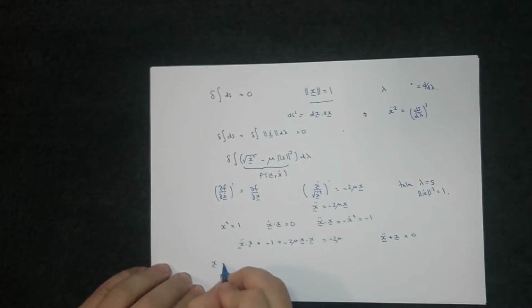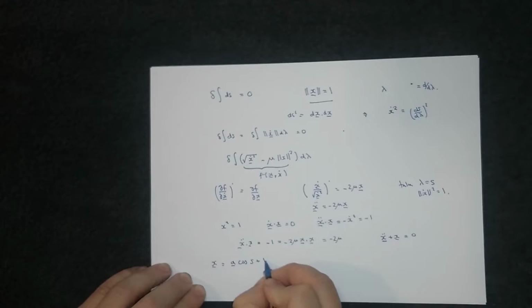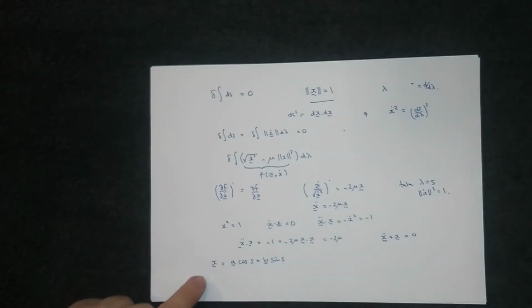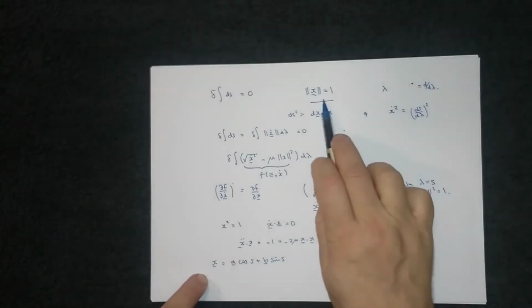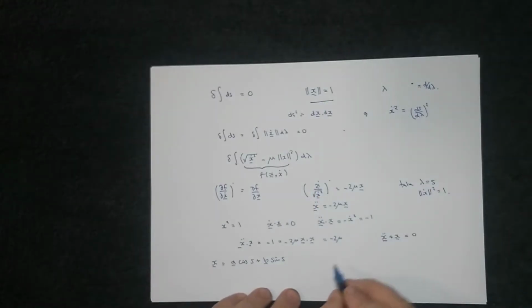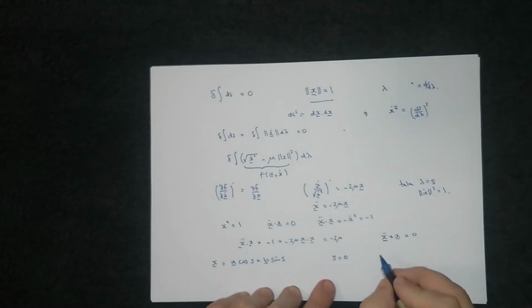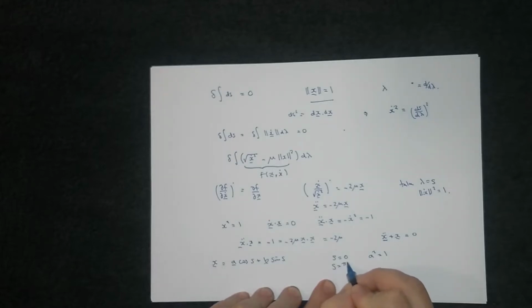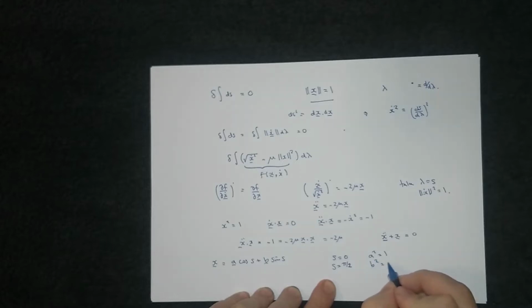The solution is x is a cos s plus b sin s. But we also must make sure it satisfies this constraint. If we take s equals 0, you're going to show that a squared is 1. If we take s equals pi by 2, that shows b squared is equal to 1.